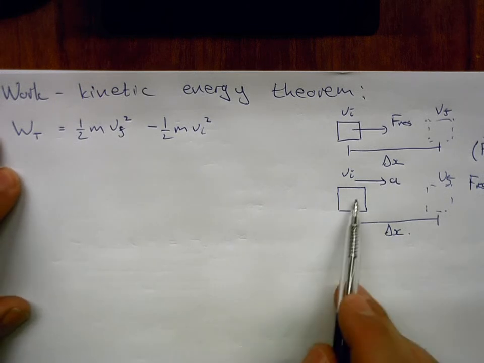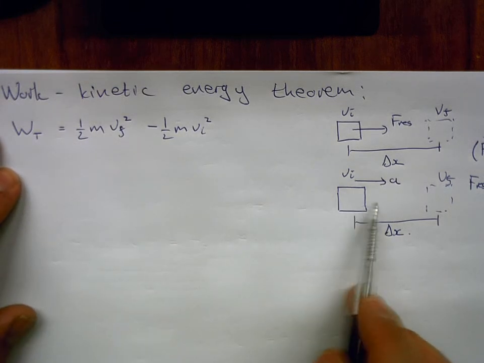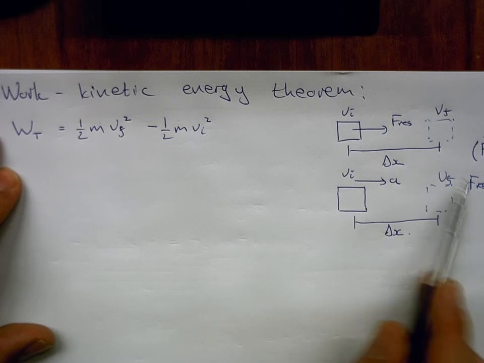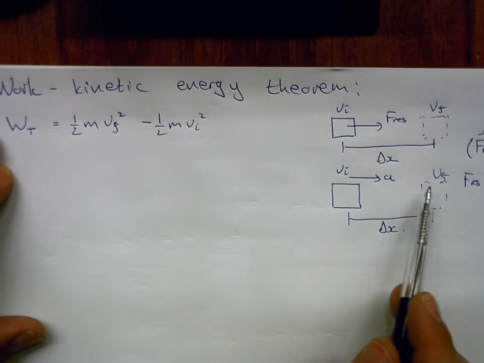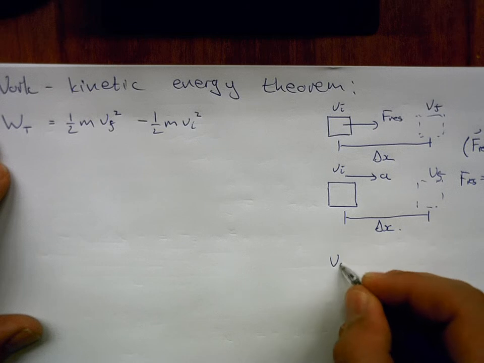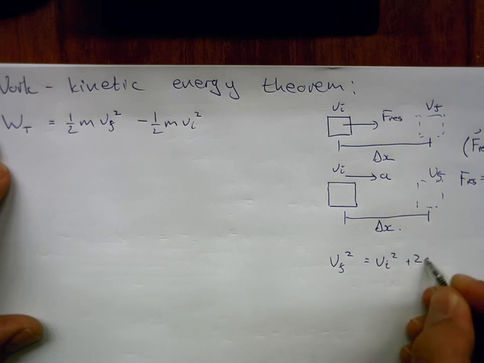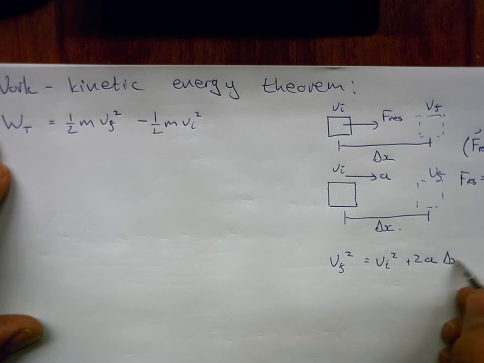If I recast this as a constant acceleration problem along a straight line, how can I relate all of these quantities in a single equation? We've got this equation: v final squared is equal to v initial squared plus 2 times acceleration times delta x.